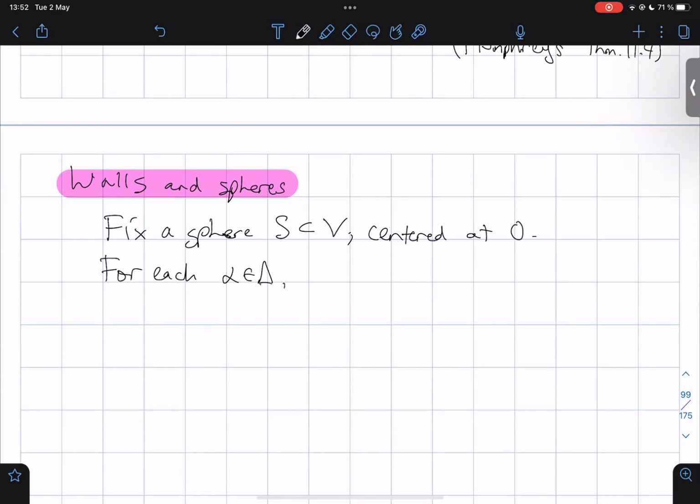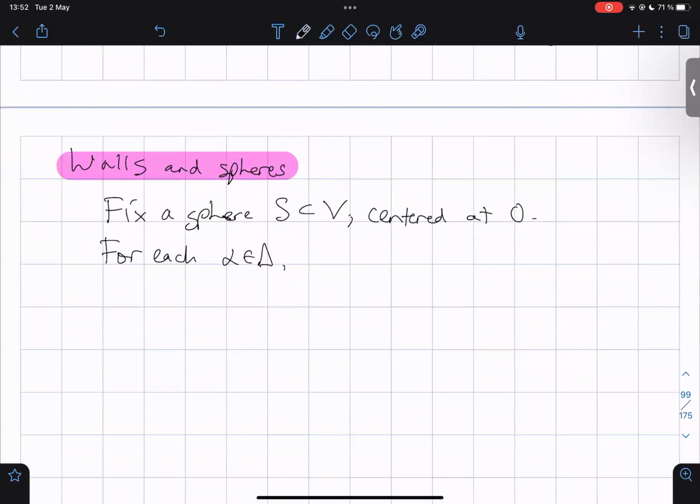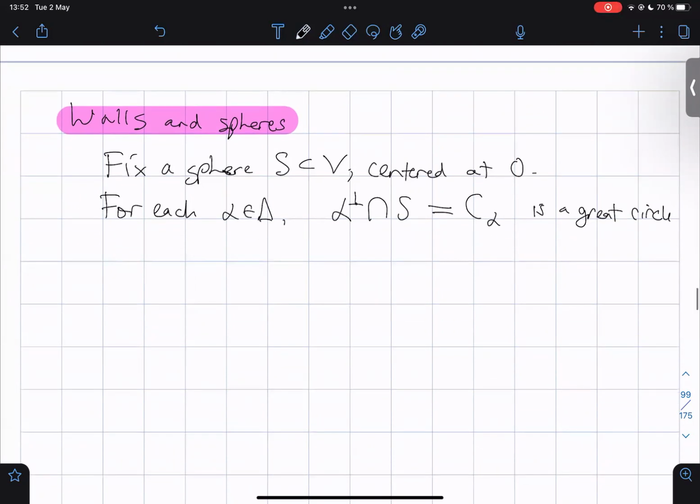For each root alpha, alpha perp intersected with S is a great circle. In 2 dimensions, it's just 2 points, right? But 2 points is the sphere in one lower dimension there. So here, this is a great circle, the sphere in 1 dimension. So this is a great circle on S.